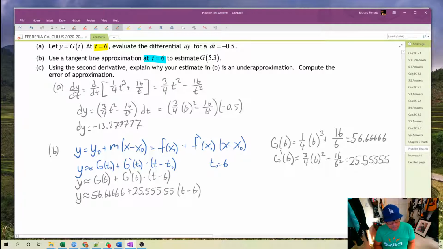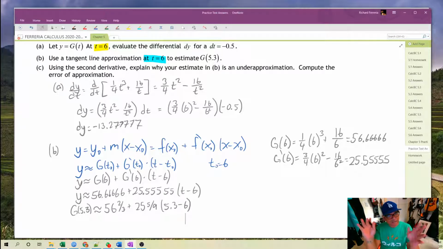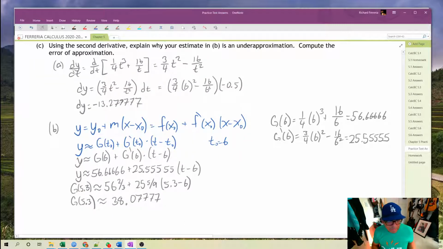So g of 5.3 is approximately equal to 56 and 2/3 plus 25 and 5/9 multiplied by 5.3 minus 6. I kind of got tired of writing all of those repeating decimals. This is now just calculation. So put this in your TI and you get g of 5.3 is approximately equal to 38.07777.